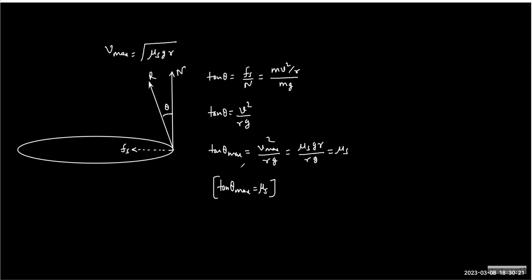So if you try to move faster than this particular speed, you need to tilt even more, but the ground will not support and you will skid. So that's dangerous. Okay. So this was the cornering on a flat road, right? Or negotiating the flat turn.